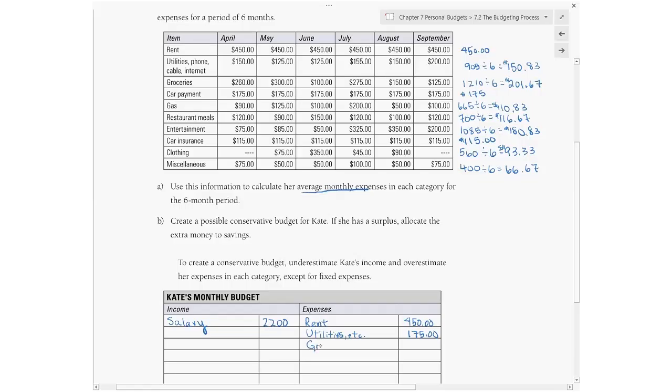Groceries, she averaged $201.67, so let's make that $225. Car payment. That one's the same every month, so we can just write that down as $175.